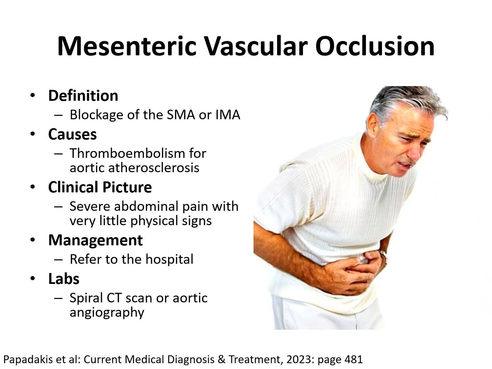Another uncommon cause of abdominal pain, especially in the older population, is mesenteric vascular occlusion. Usually it's a blockage of either the superior mesenteric or the inferior mesenteric. It is more likely to be the superior mesenteric artery, but occasionally it might be the vein that is blocked, superior mesenteric vein or inferior mesenteric vein.